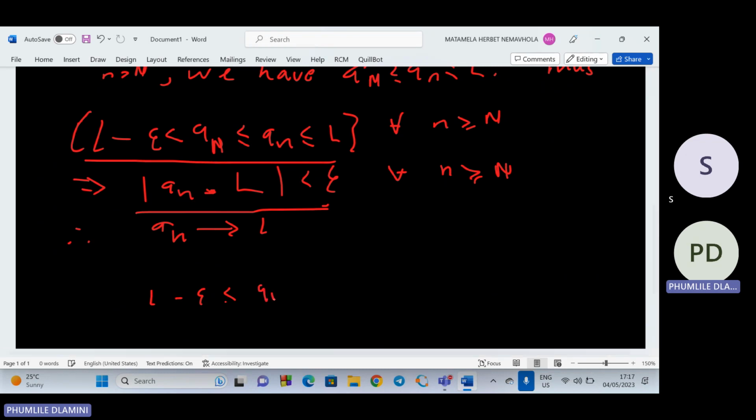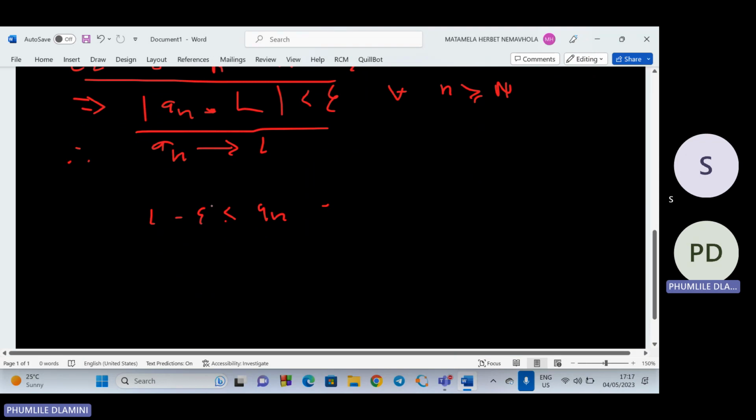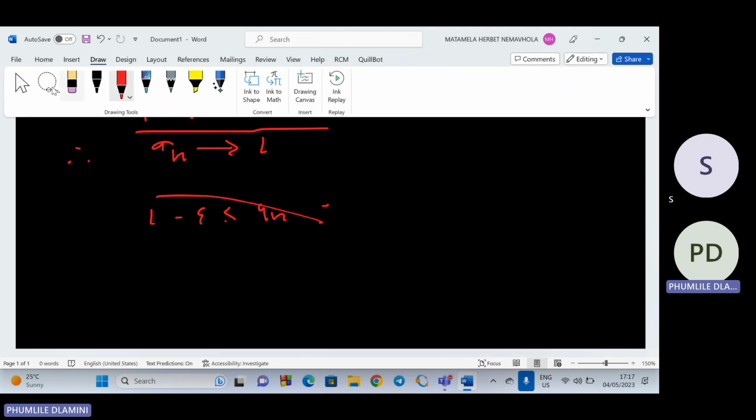So I will take my value of L to the other side.